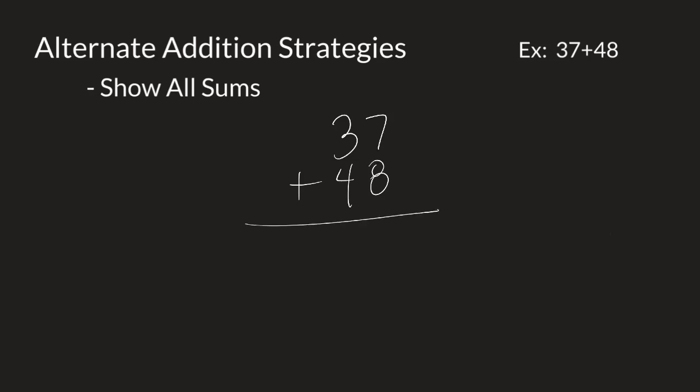Let's take this place value, and we can also start with the ones if we wanted to, but let's start with the tens because it's going to be larger. 30 plus 40 would be 70, and then we start with the ones. 7 ones plus 8 ones equals 15 ones. And your answer would be, you guessed it, 85. And that is how you show all sums of the place values. Get it? Show all sums.